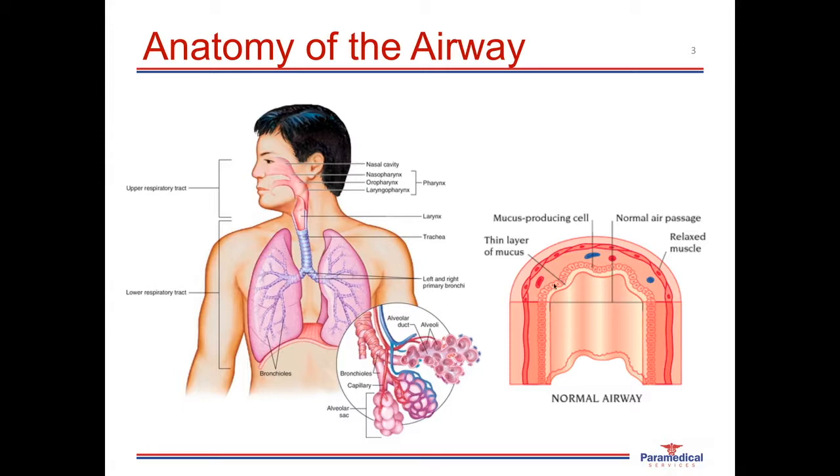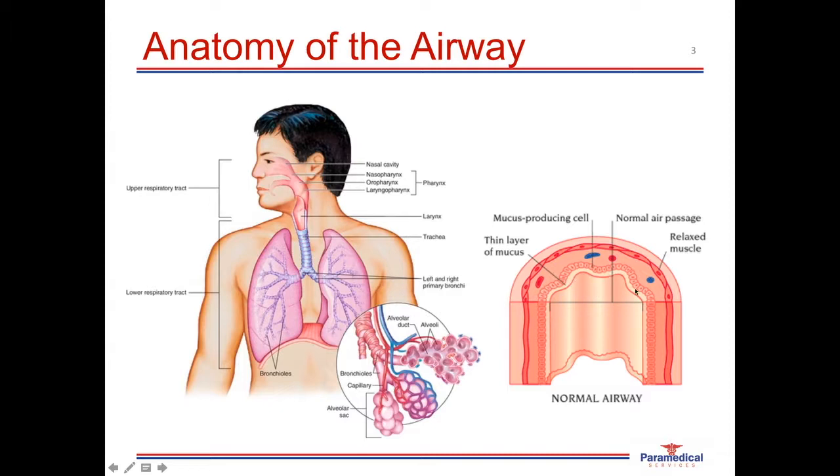And it's also important to note here that we have a thin layer of mucus cells running along the whole of the inside of our airways, from the top of our nose all the way down to the very end point of these bronchioles where the alveoli attach.